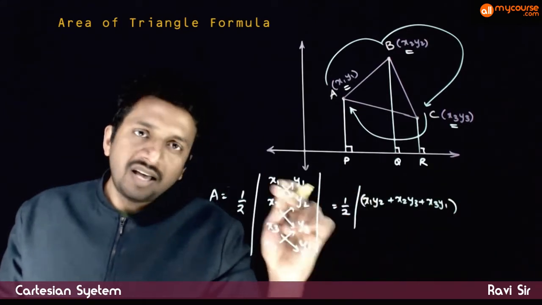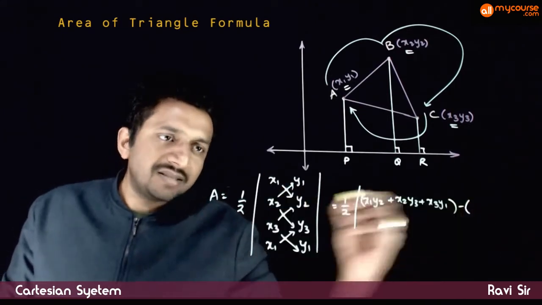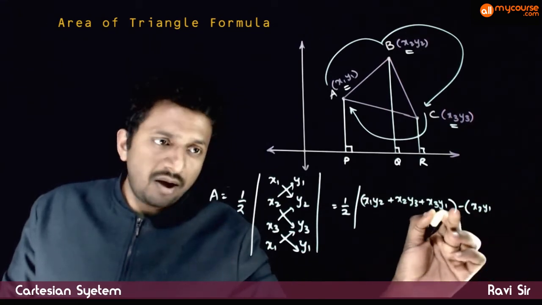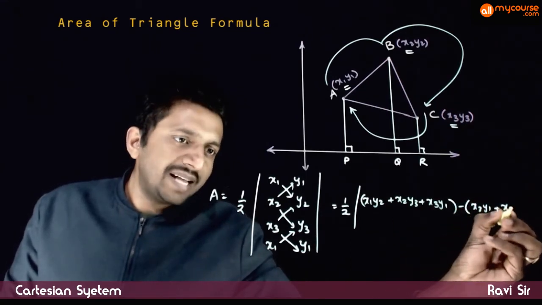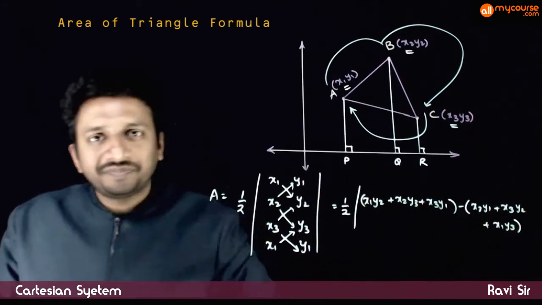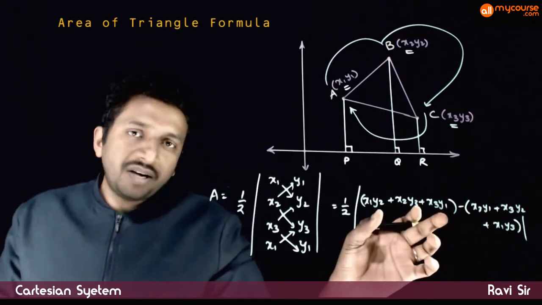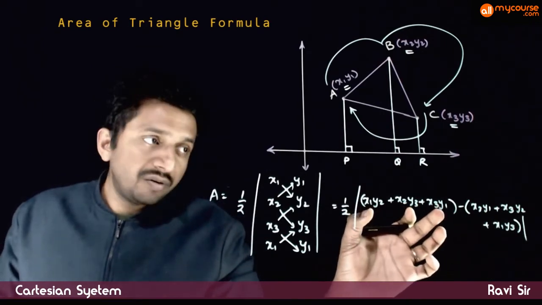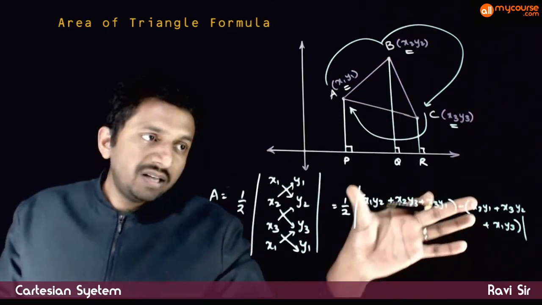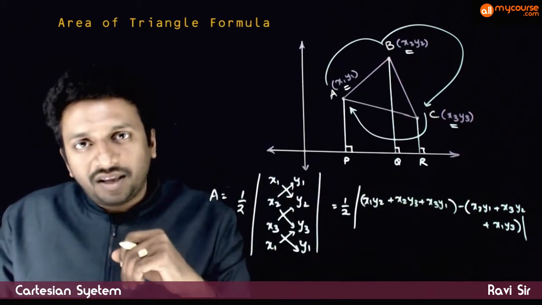So these three have to be added, minus x2 y1 minus x3 y2 minus x1 y3. So whatever number you get, the summation of these minus the summation of this, the modulus of that will be the area.